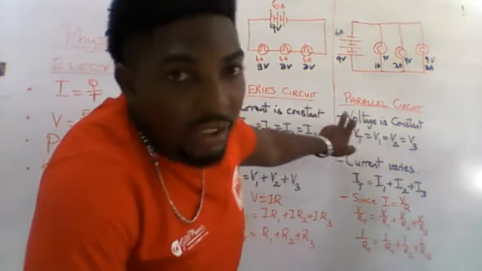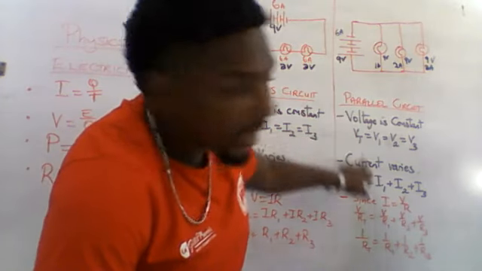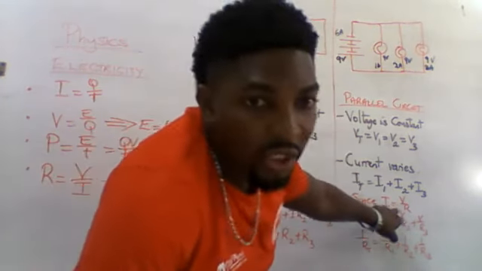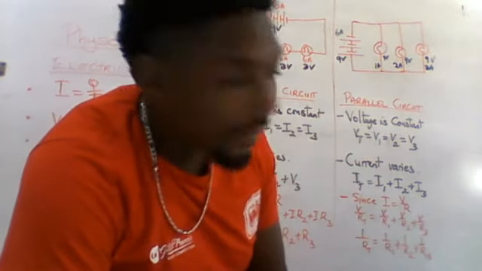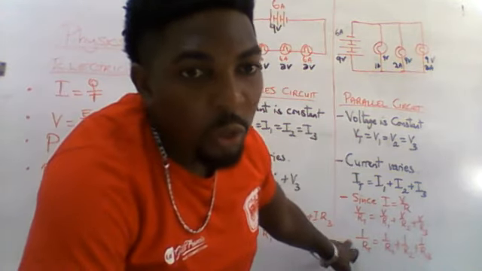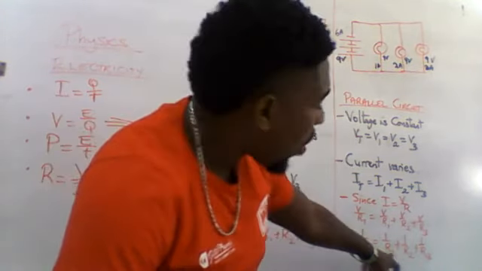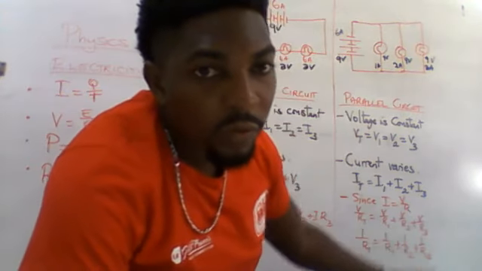And we would have learned here that the voltage is constant. Given that the voltage is constant, each of these voltages are the same values, right? So therefore they can be eliminated, which leaves us with the general formula that 1 over the total resistance is equal to 1 over resistance 1 plus 1 over resistance 2 plus 1 over resistance 3.